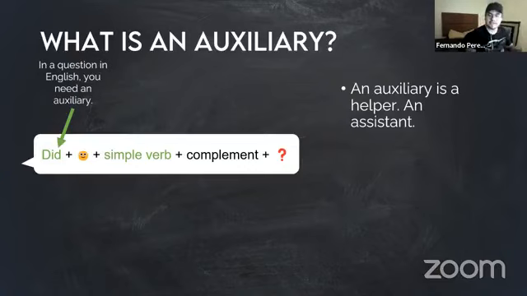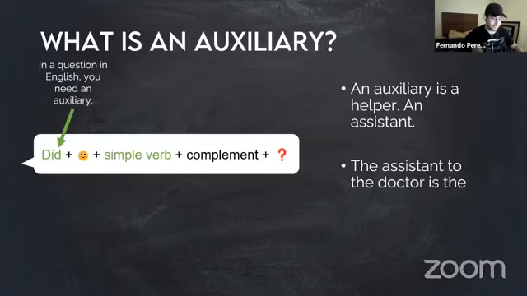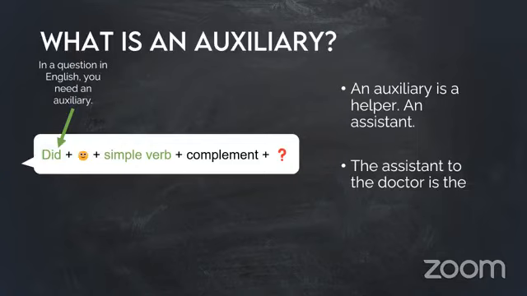The helper has an official person. For example, person number one is the assistant in the doctor's office. The assistant to the doctor is the, do you know how do you say enfermera in English? No, teacher. Nurse. Very good, nurse.